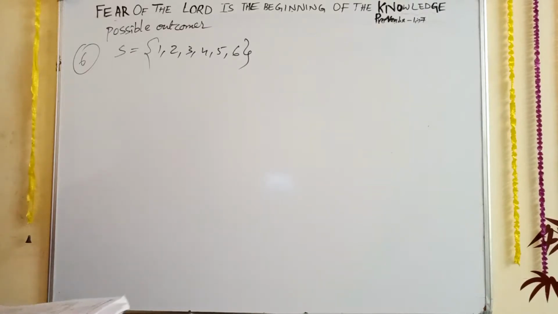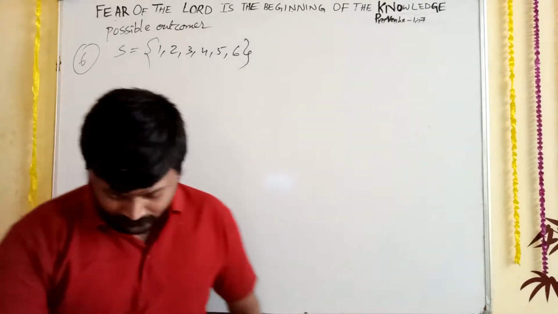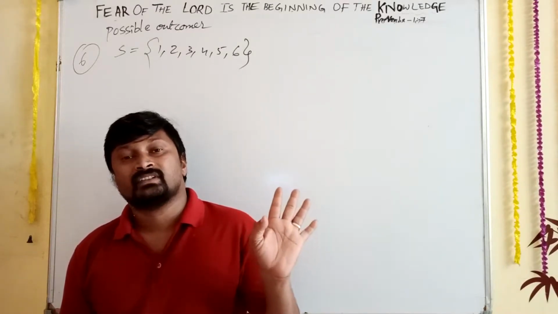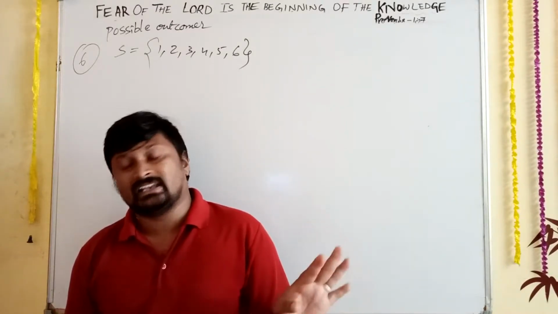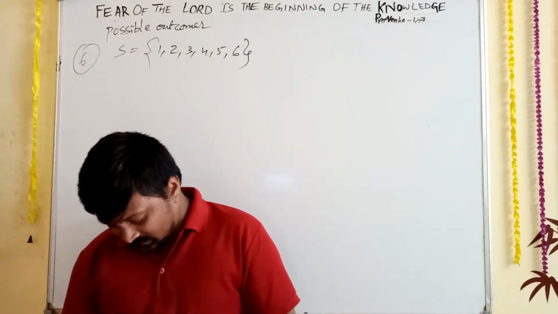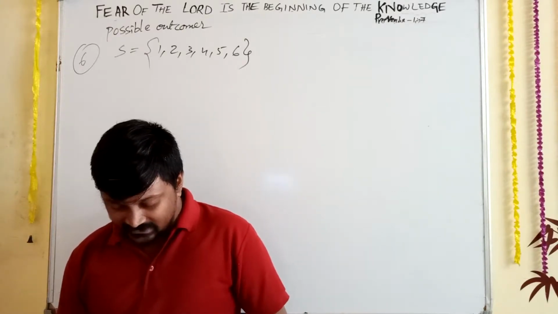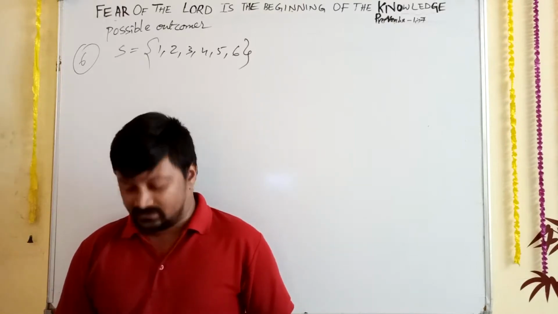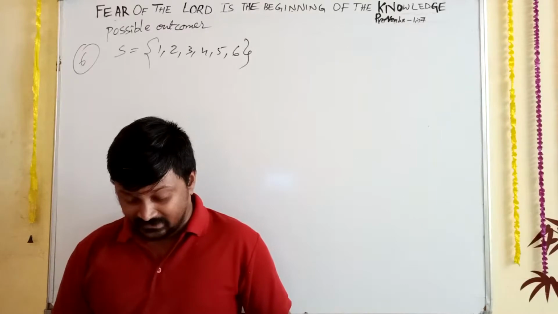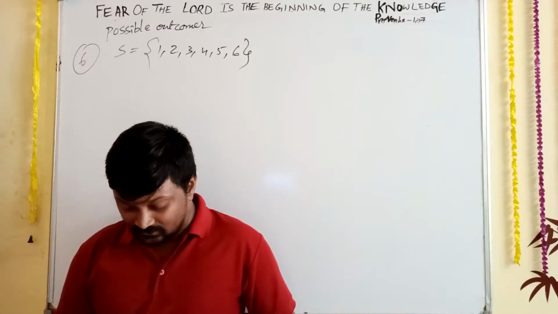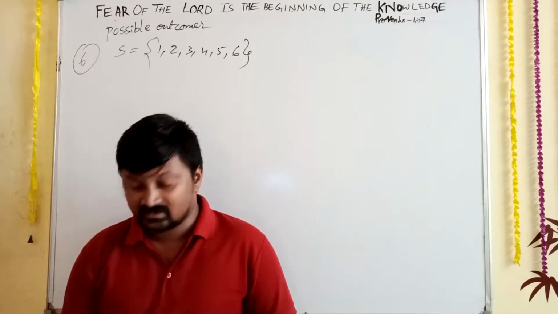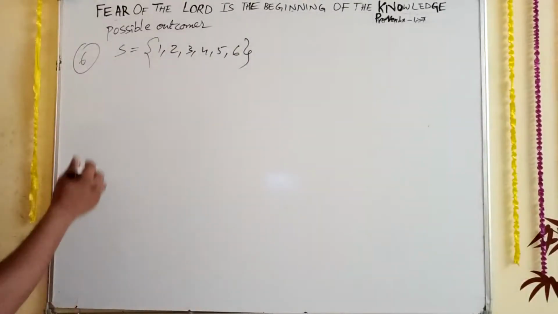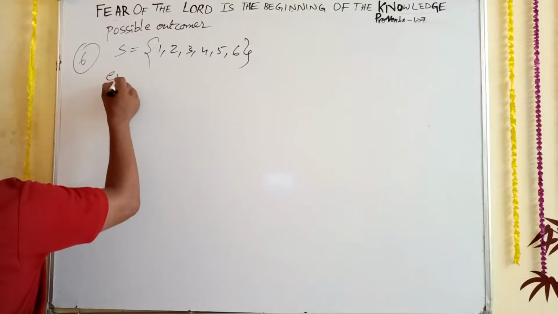Here they said to find the probability of getting an odd number at least once. So an odd number needs to come at least once. So what we'll do for this is first check at least once even number. What is the even number you are getting? Then we go to the odd numbers, so that it becomes easy. So first, even number.